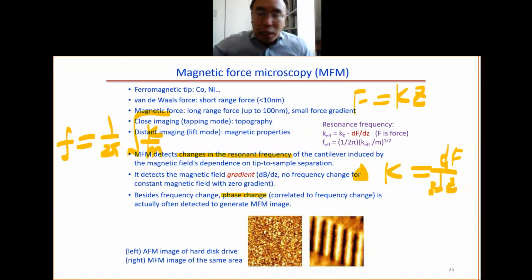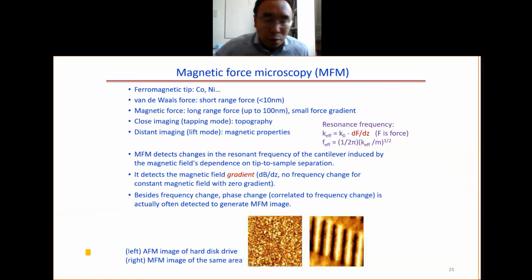So what is the magnetic force? For the magnetic tip, you coat a layer of magnetic material, for example cobalt or nickel.